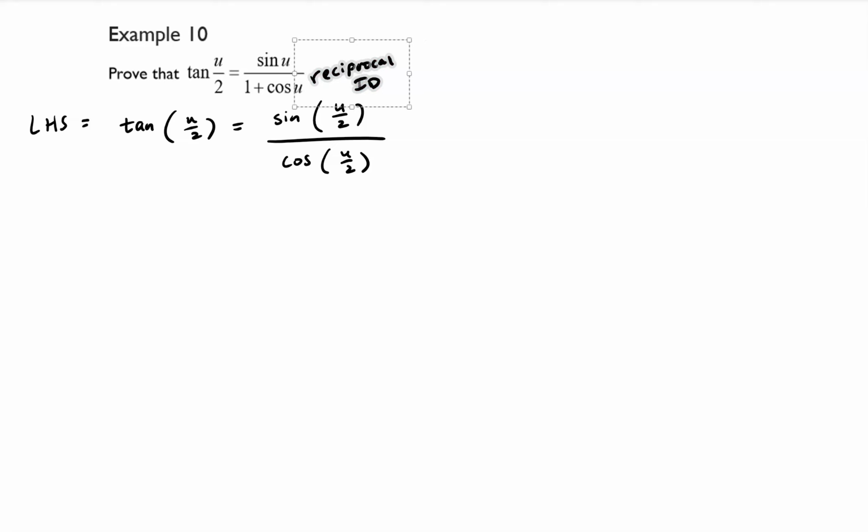And then I'm going to do something again that's kind of slick. I'm going to multiply both the numerator and the denominator by 2 times cosine of u over 2.